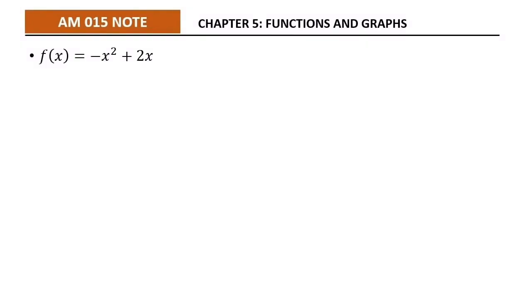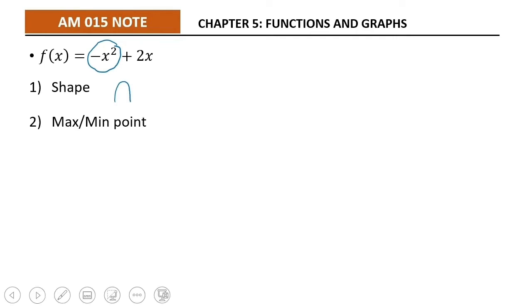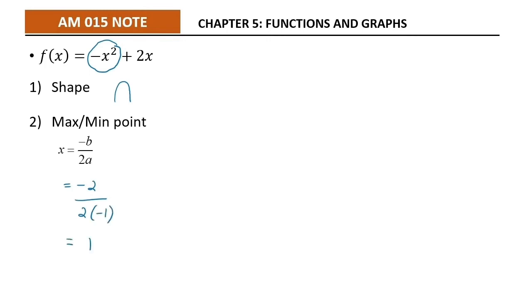Example: f(x) equals negative x squared plus 2x. Again, the same steps. Shape: look at the x squared term here. Since x squared is negative, the shape is a sad graph. Maximum or minimum point: x equals negative b over 2a, where b is 2 and 2a is negative 1, so x equals 1.